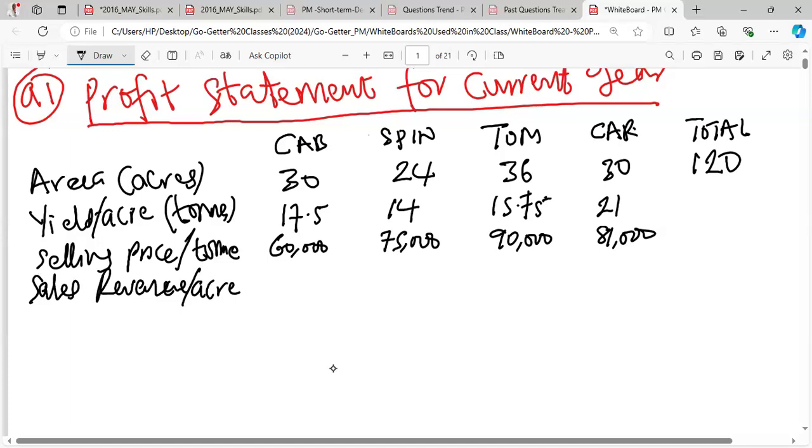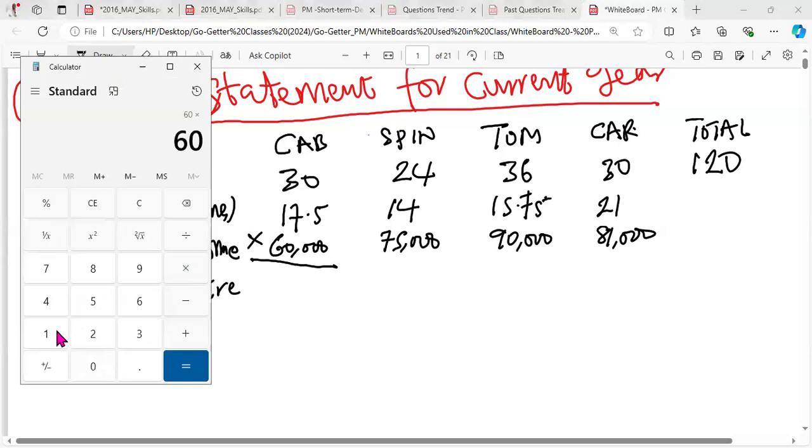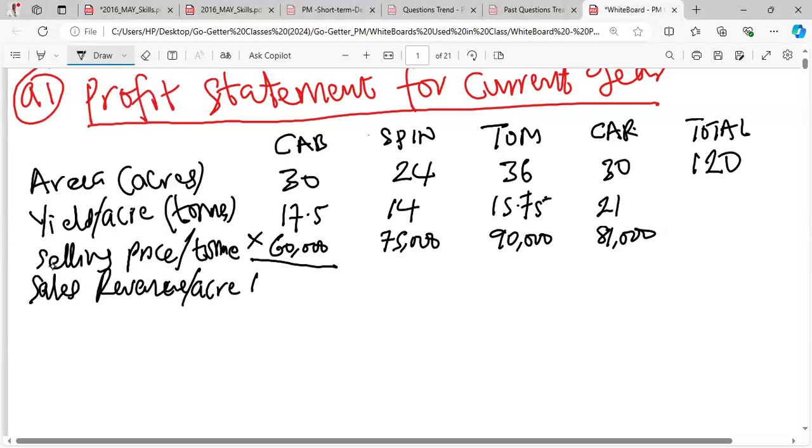So all we need to do is multiply these two. We'll multiply 60 times 17.5. This is 1050. Of course, there are the 3 zeros there.